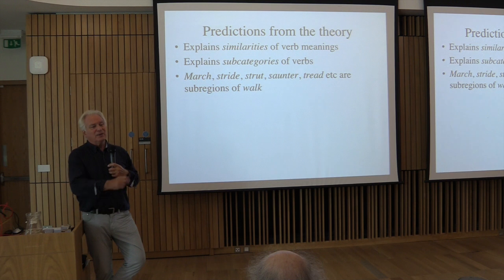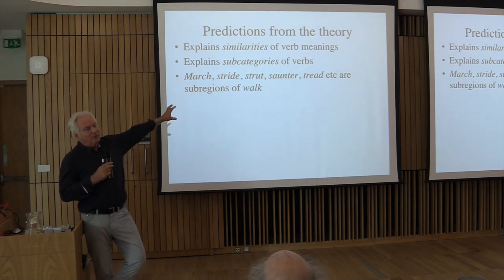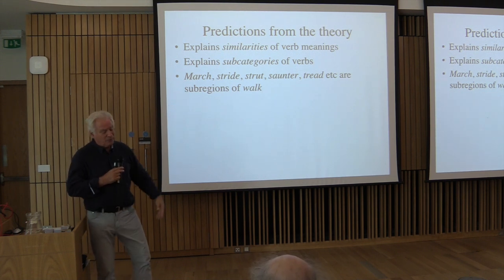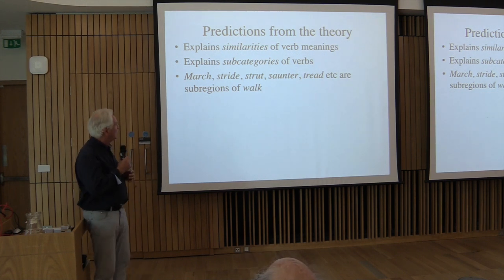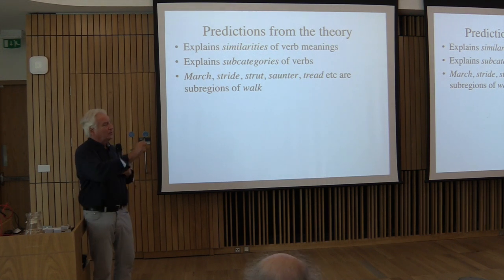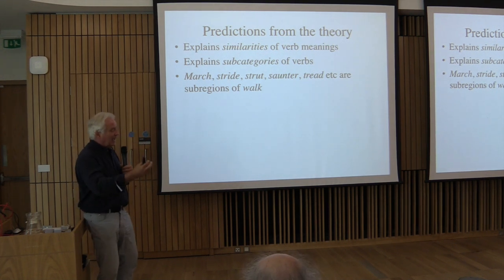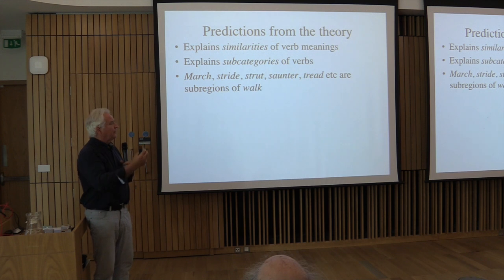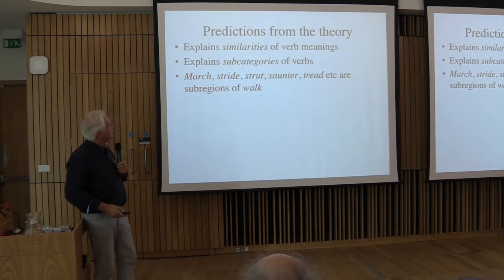These are all subcategories of walking, because they are sub-regions of the walking force patterns. Marching is when you walk with straight legs or whatever marching is and so on. So you can see this subcategorization as represented as subdomains of the walking domain of force patterns.